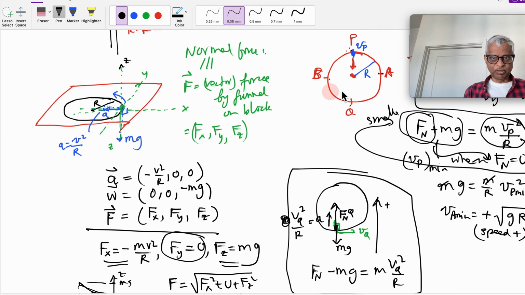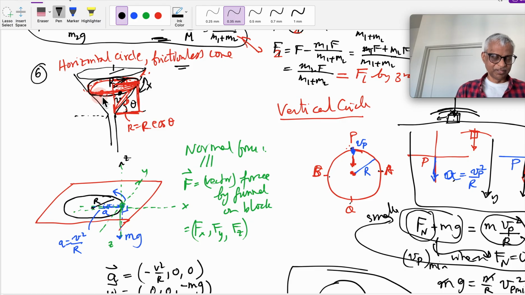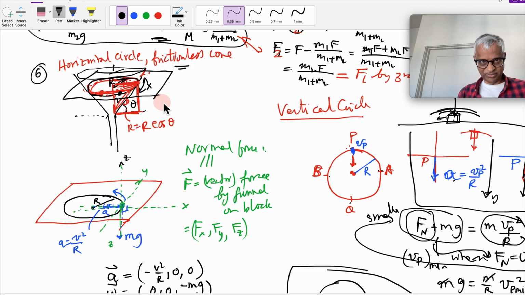So these problems are kind of similar, because although this is not a vertical circle, the way the setup works out is the acceleration is this way, where gravity is pointed that way. So the normal has to point somewhere so that these add up to be in that direction.